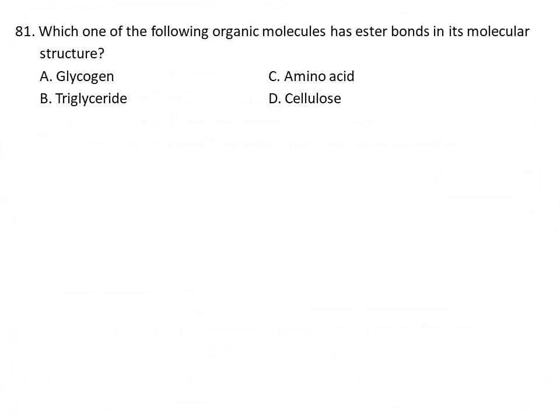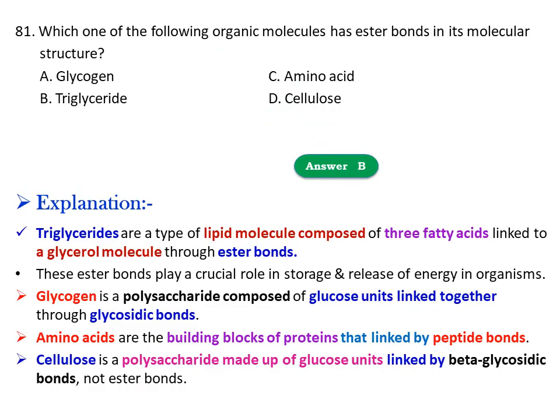Question number 81. Which of the following organic molecules has an ester bond in its molecular structure? So the answer will be B. Triglyceride has an ester bond in its molecular structure. Let us see. Triglycerides are lipid molecules composed of three fatty acids linked to a glycerol molecule through ester bonds, whereas glycogen is a polysaccharide polymer composed of glucose units linked together by glycosidic bonds.